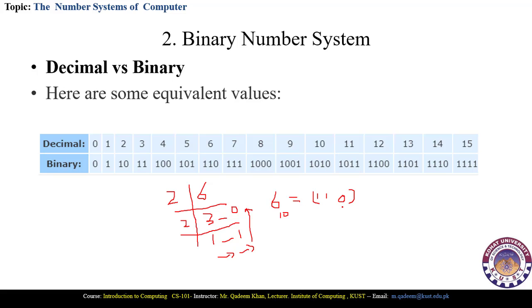These are brackets, so its base is 2. So this is the technique of converting decimal to binary. Now we will also convert binary to decimal, but that will be performed in the upcoming lectures.